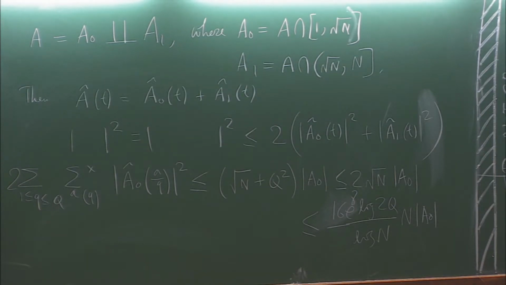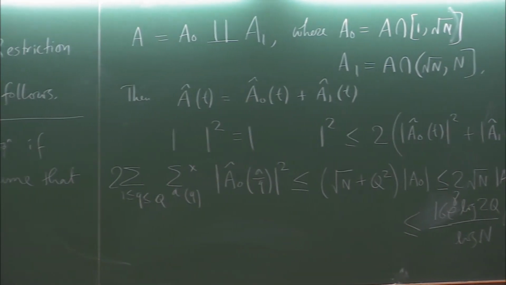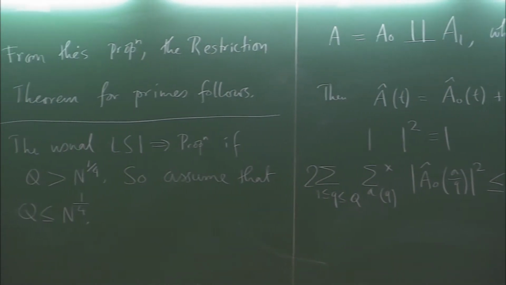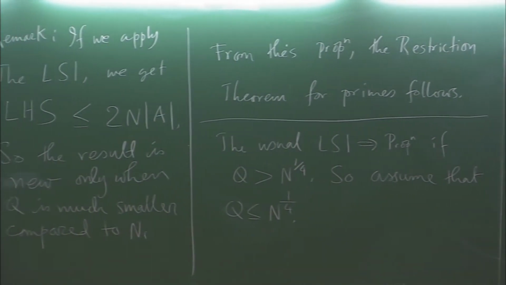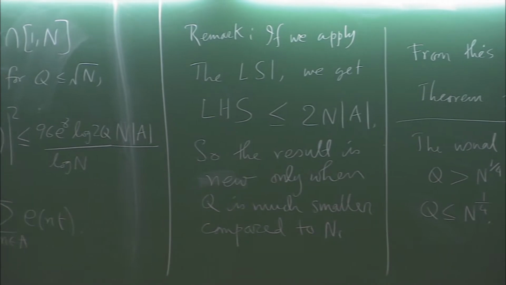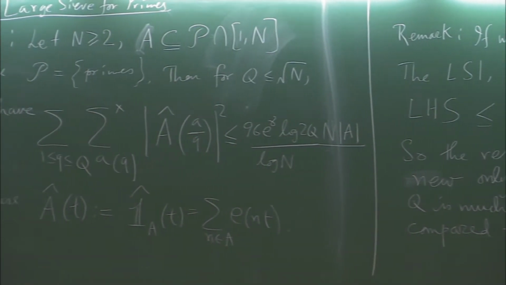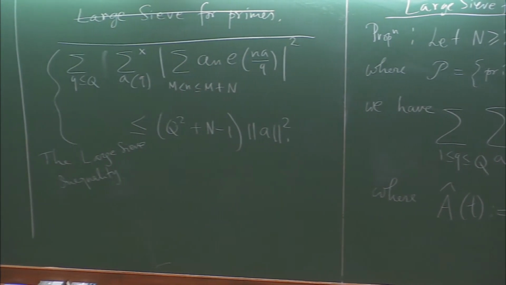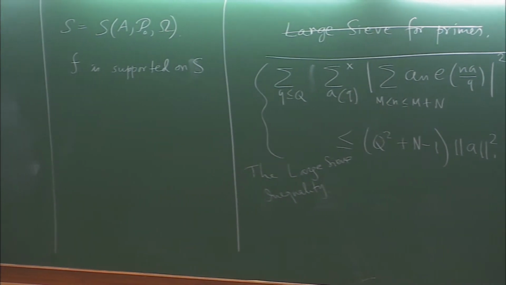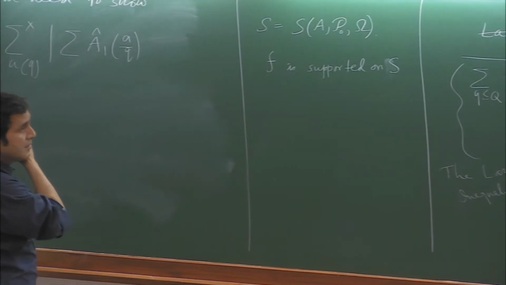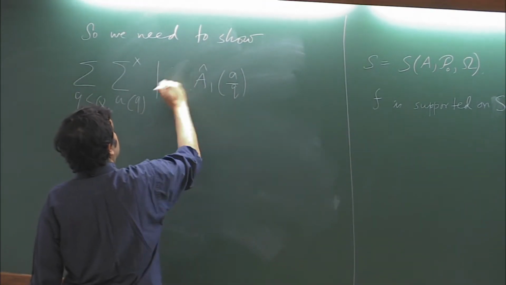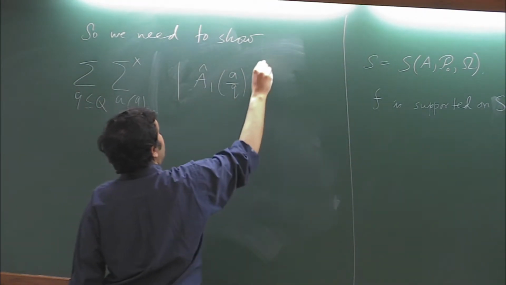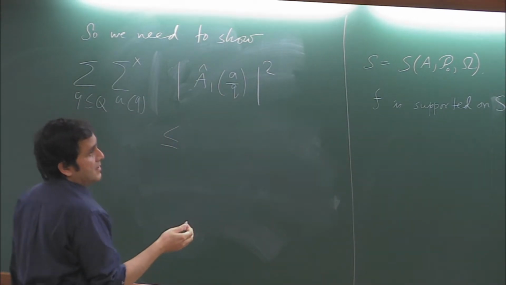So we need to show the sum over q up to Q, a mod q, of A1 hat of a by q is less than whatever we need.